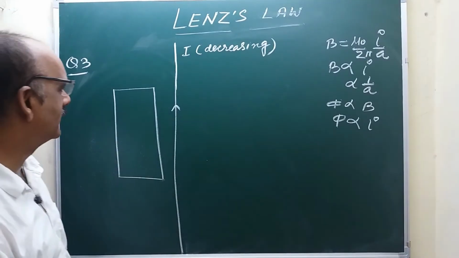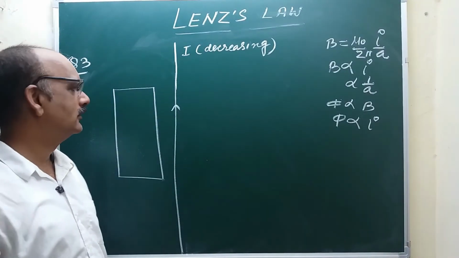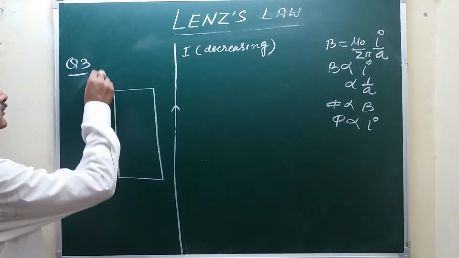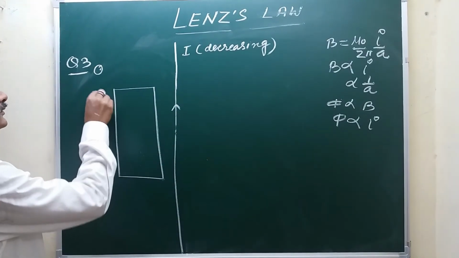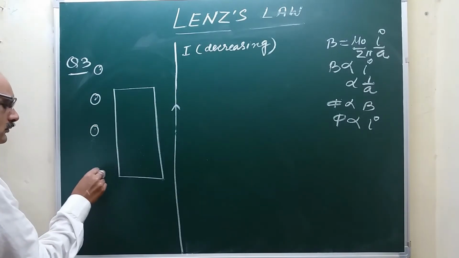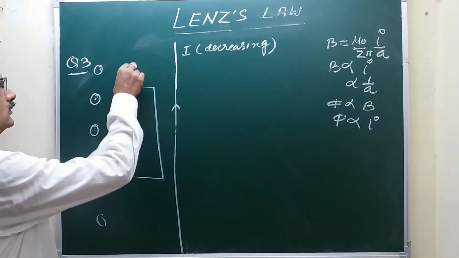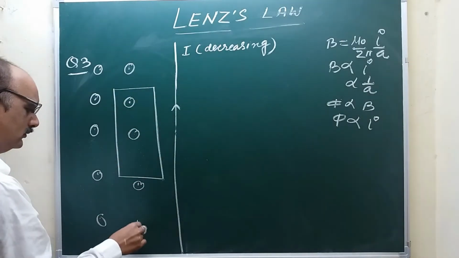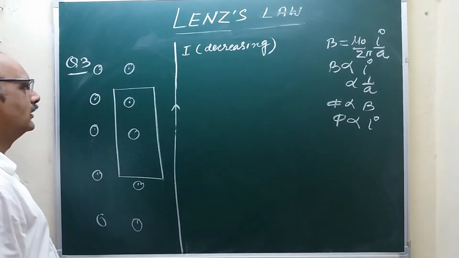The direction of magnetic field due to this conductor will be outward, and it is decreasing.